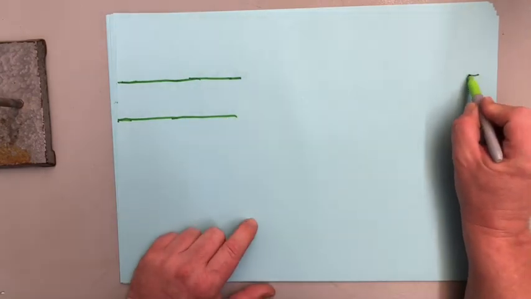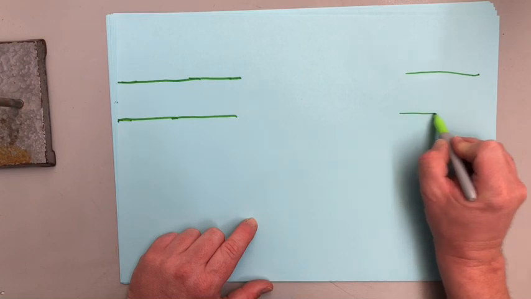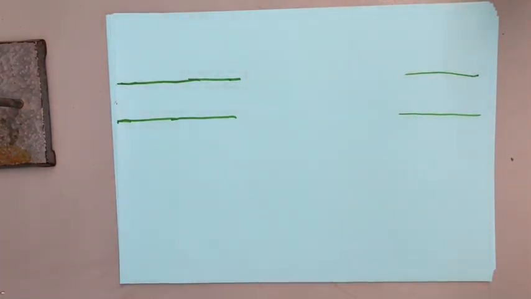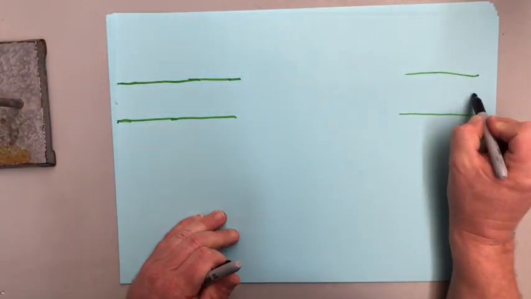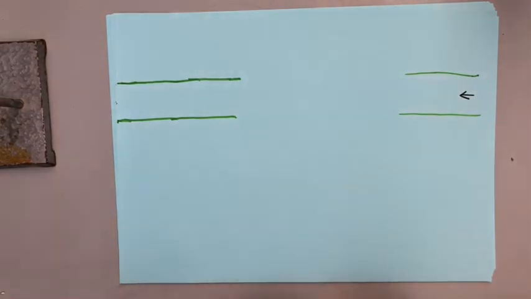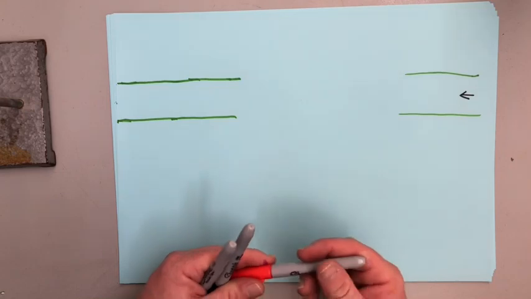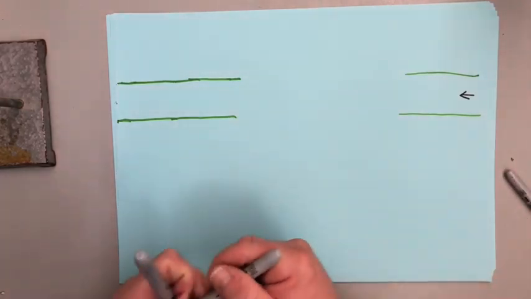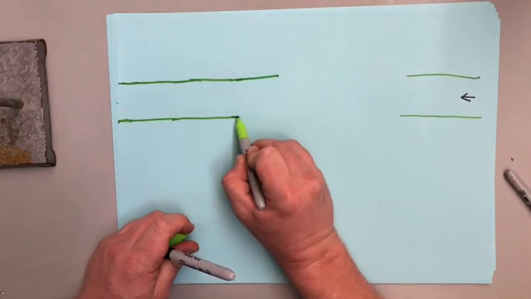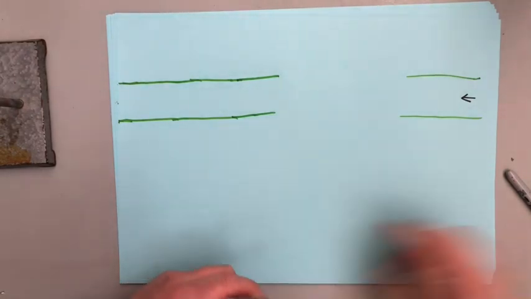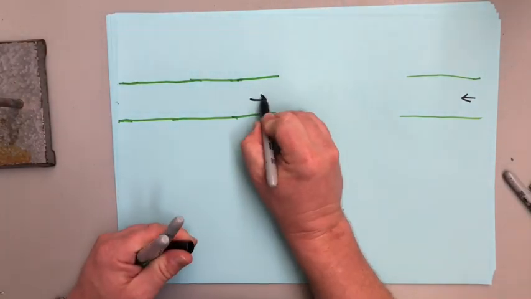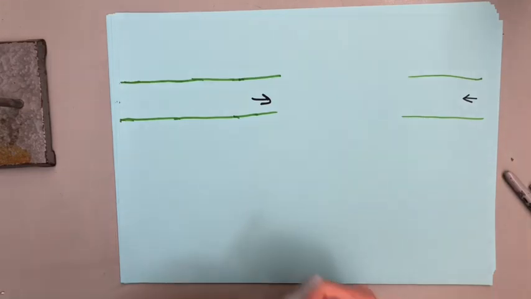But what we're going to do is collide it with another piece of crust. So we're going to have this one colliding. I'm going to move this on a little bit further. So let's see what happens when we push these two together.